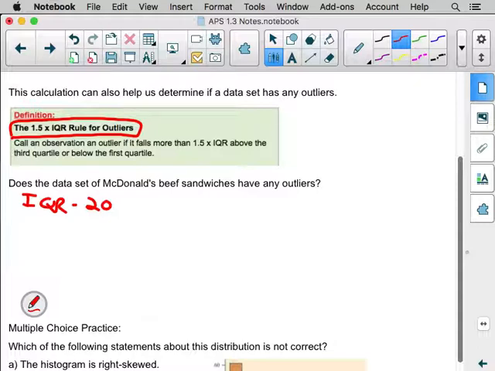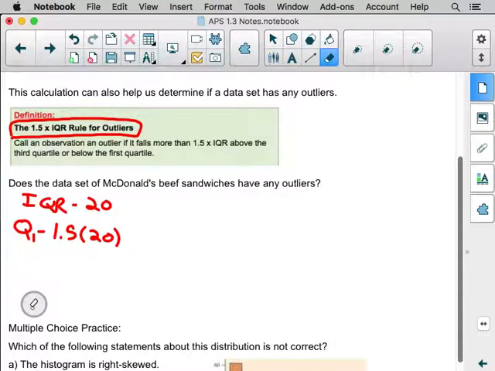What that means is we take the lower quartile and subtract off 1.5 times that IQR. What was the quartile one? Was it 19, if I recall? Can somebody check really quick? Yeah? Okay. So this will determine if something is a low outlier.